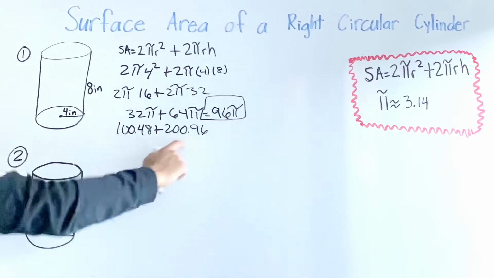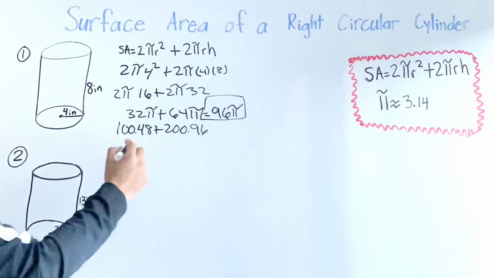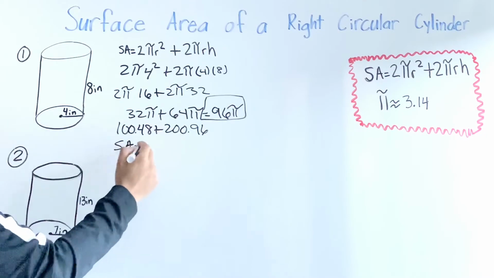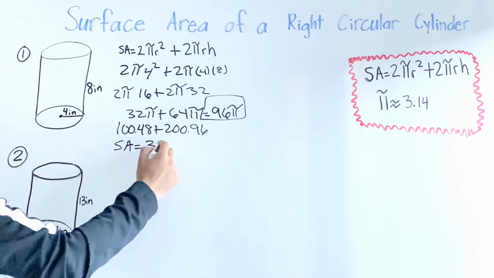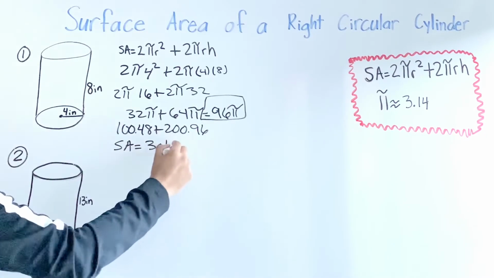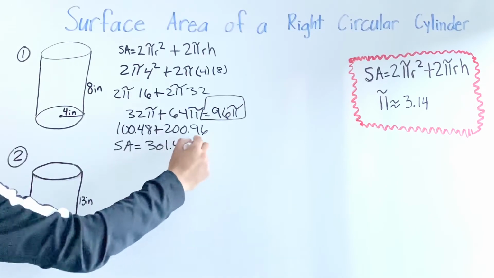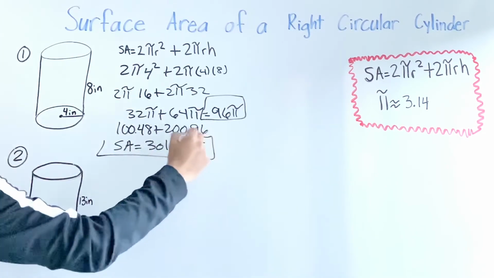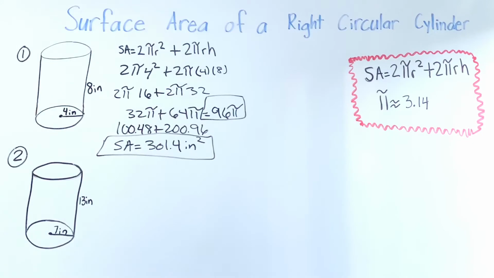We add that up, and our answer is going to be 301.4 inches squared. So you can leave your answer as 96 pi, or you can leave your answer as 301.4 inches squared as well. Whichever one your teacher asks for, it's the same answer.